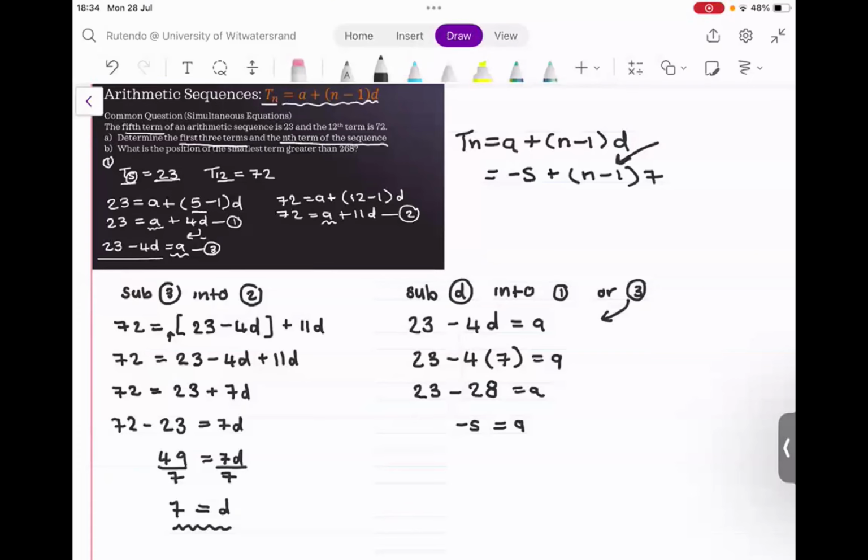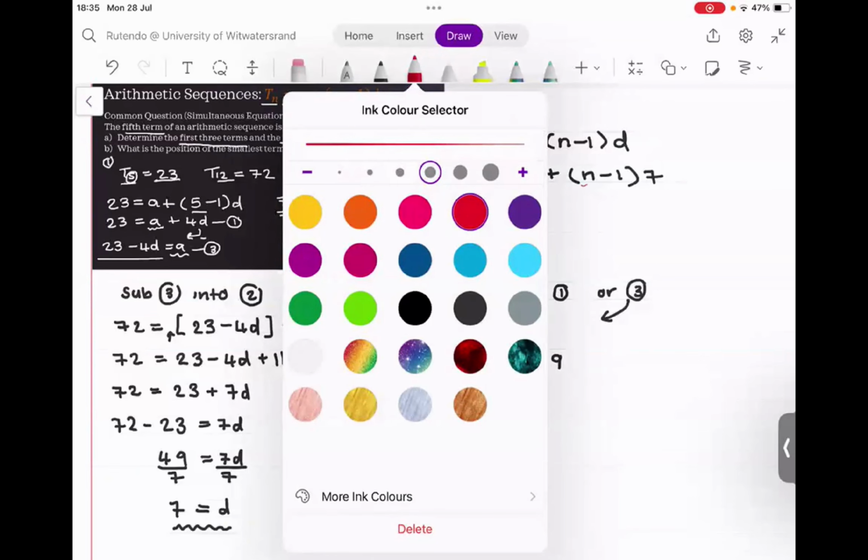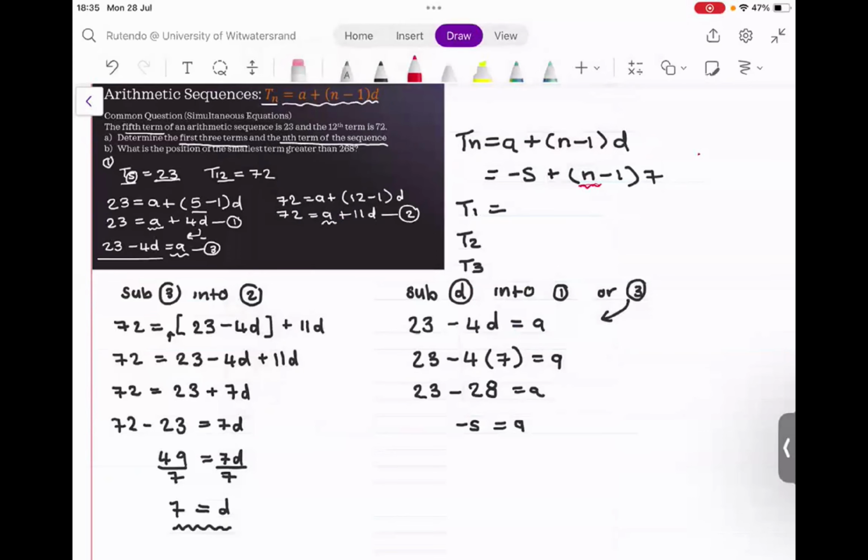We can find what our sequence is made of, right? We find what our sequence is made of by substituting in. So we want to find T1, T2, and T3, right? Because they asked for the first 3 terms. If I substitute in 1 into here, I get minus 5 plus 1 minus 1, so this gives us 0.